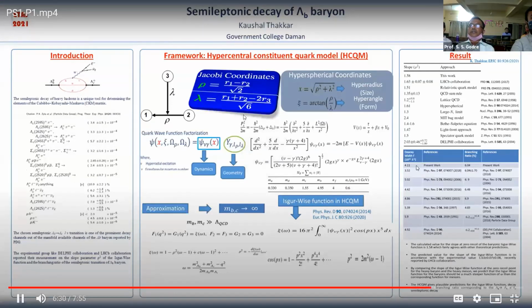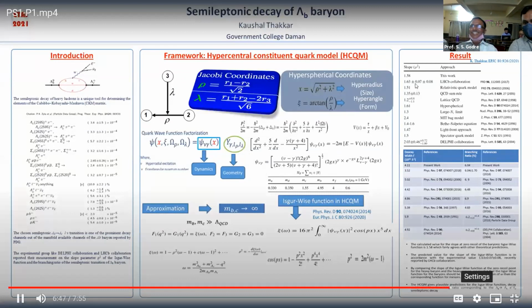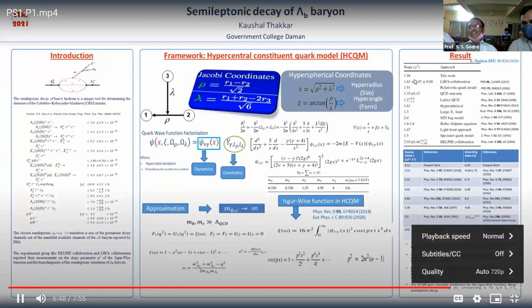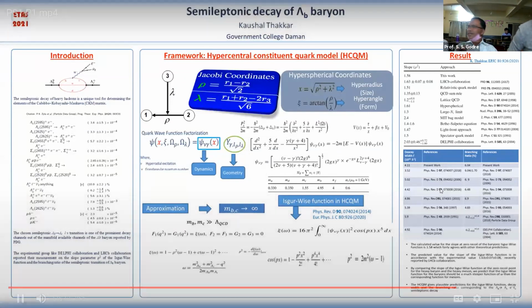The decay width of semi-leptonic decay is given here, while the third column indicates the branching ratio of the particular lambda b to lambda c baryon. Finally, we can conclude from the result that the computed slope of the Isgur-Wise function fairly agrees with the other theoretical predictions.